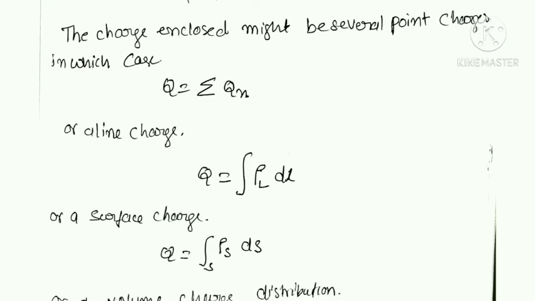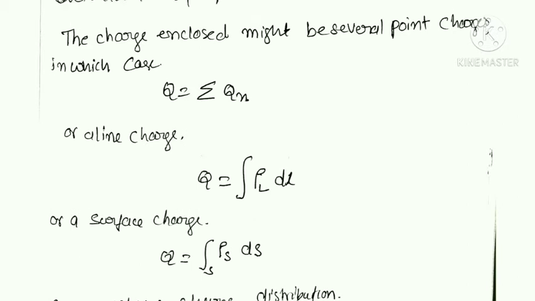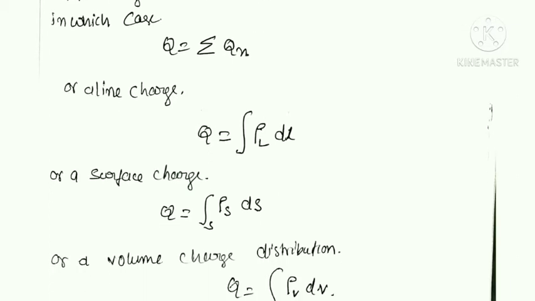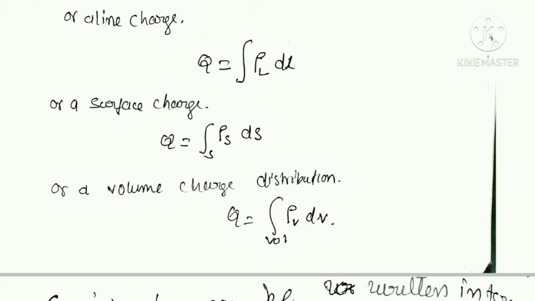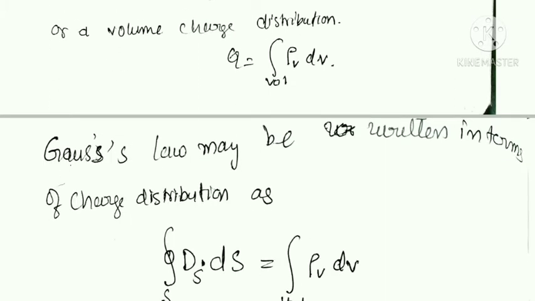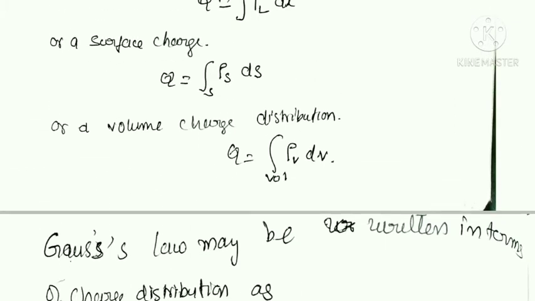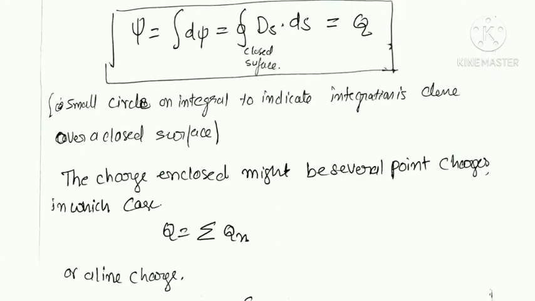If it is a line charge, it is given by the integration of line charge density rho L times dl. If it is a surface charge, it is the integration of surface charge density times dS. If it is a volume charge, it is the integration of volume charge density times dv. This is the formula which we know earlier.